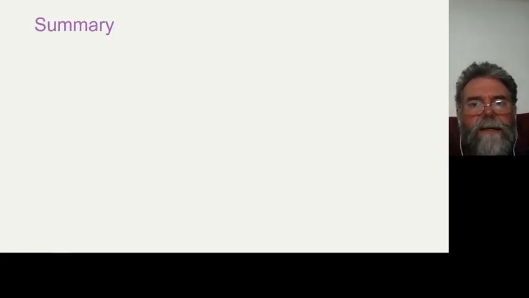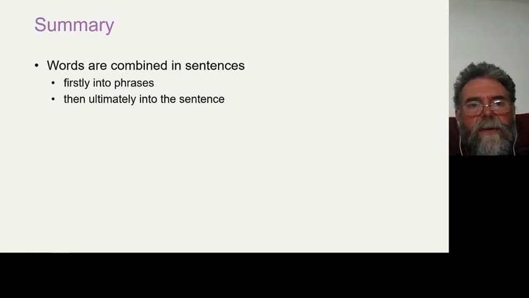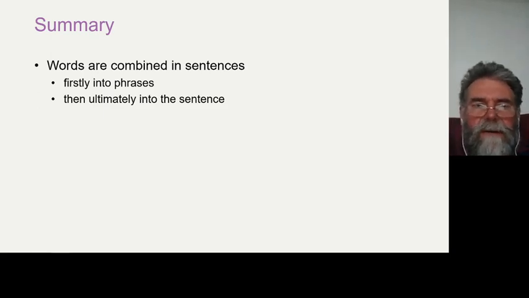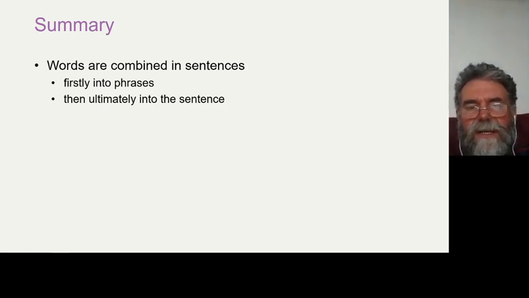Okay, so let's summarize what we've said in this presentation then. We've seen that words combine with each other into sentences, but not simply just by putting lots of words together in any order. There are certain positions in sentences where certain words can go, and those positions are determined in terms of the phrases that we build up.